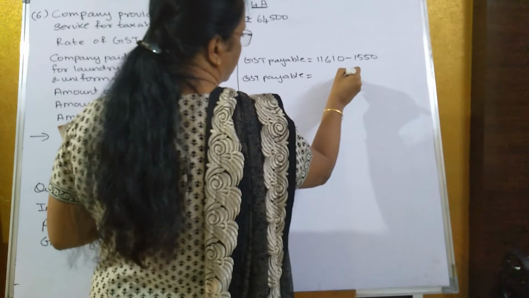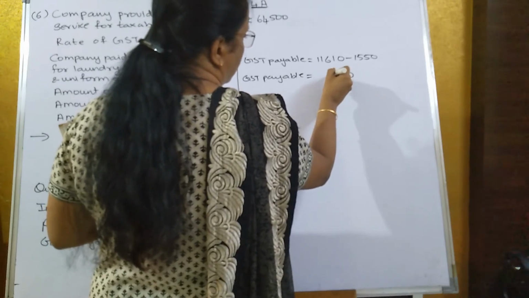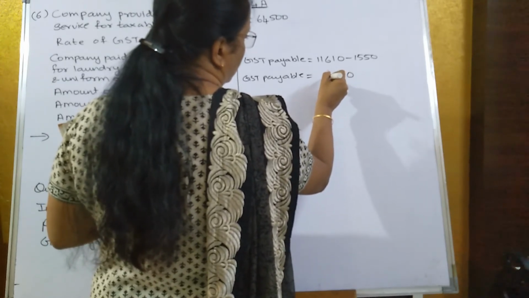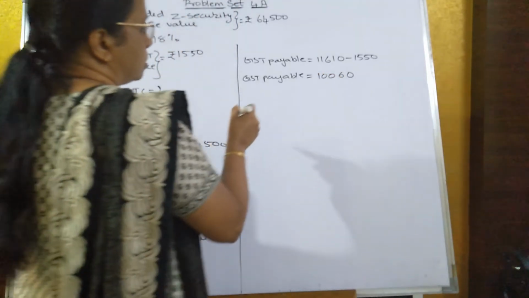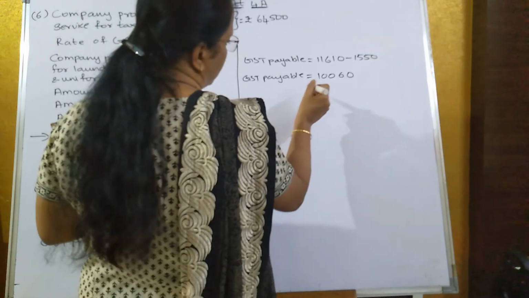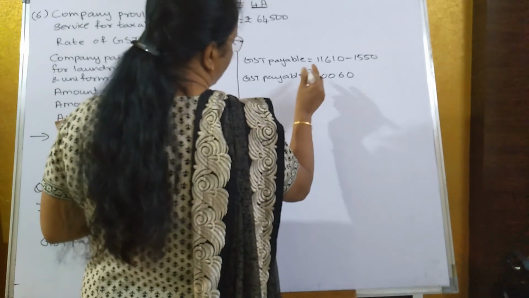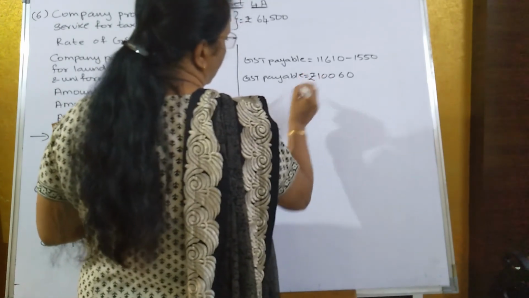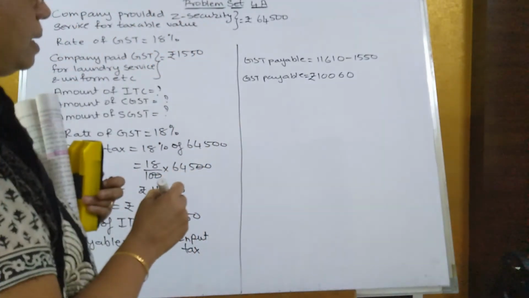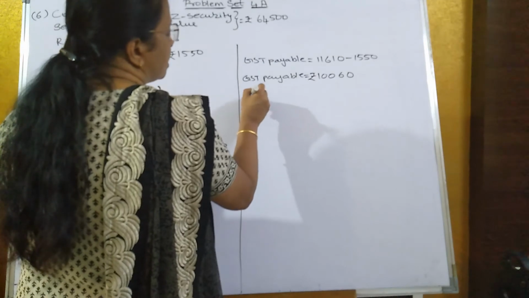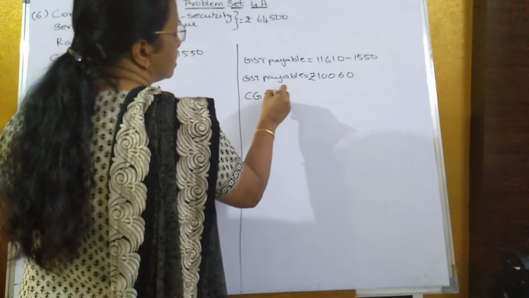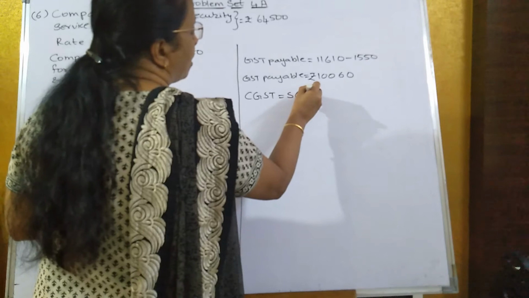So it is equal to rupees 10,060. So what will be the CGST and SGST? CGST will be equal to SGST, both have equal value.